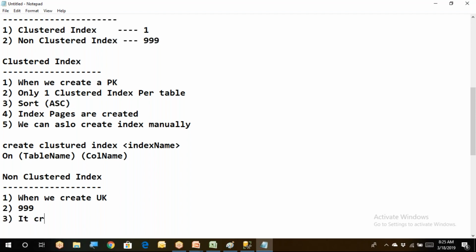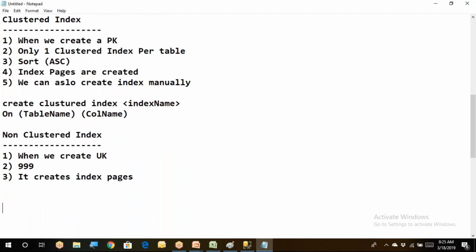It creates index pages and stores them. And the next point is that we can also create them manually.